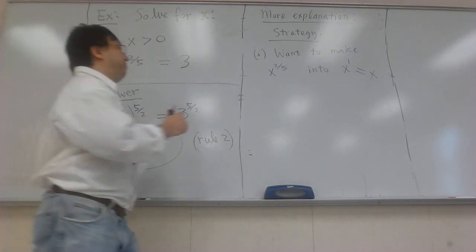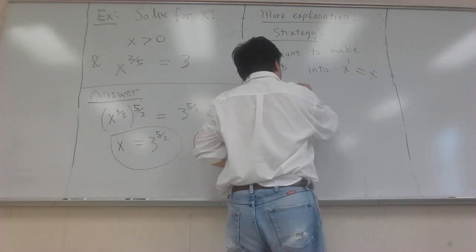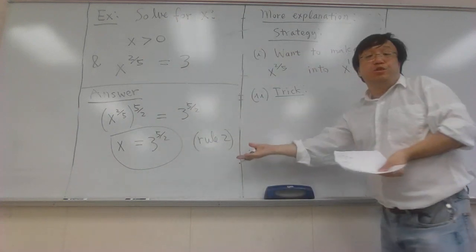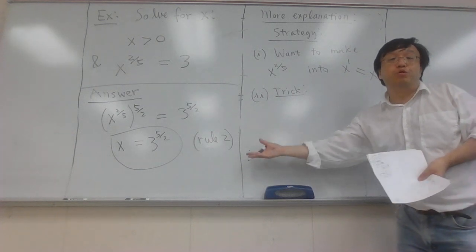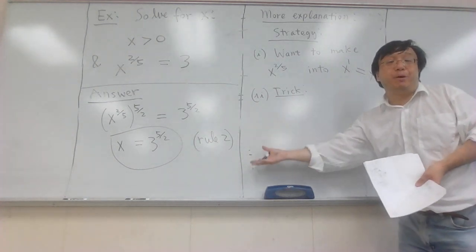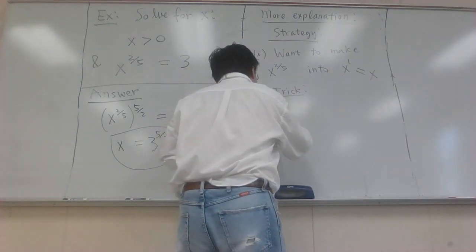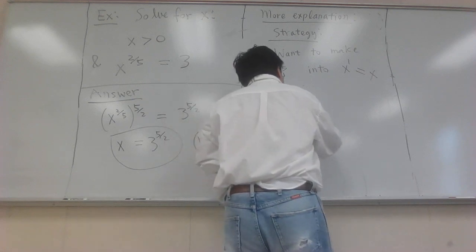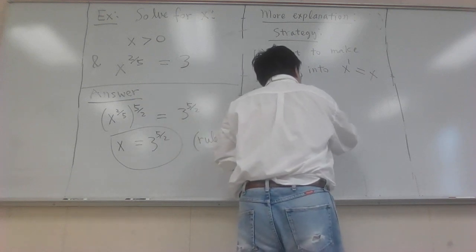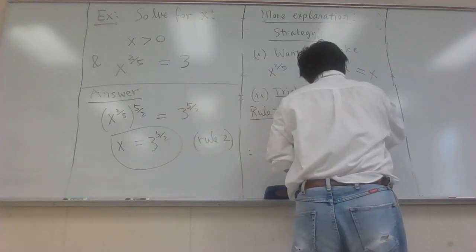And here's the trick. The trick is to use rule 2, which says that repeated exponentiation is the same as multiplying the powers together.